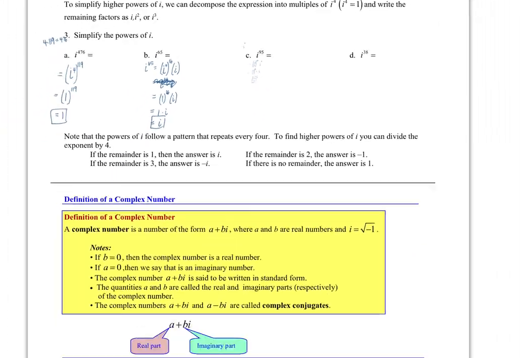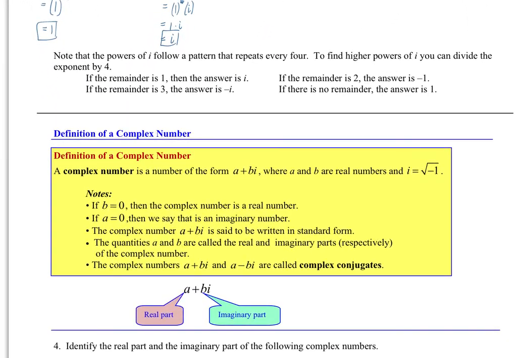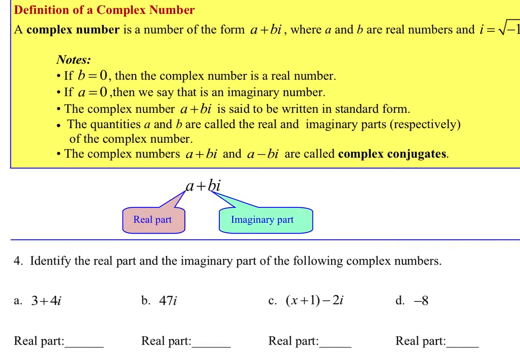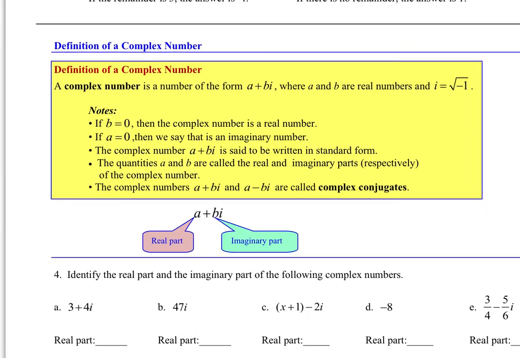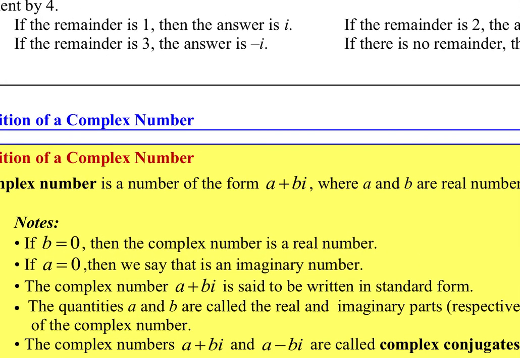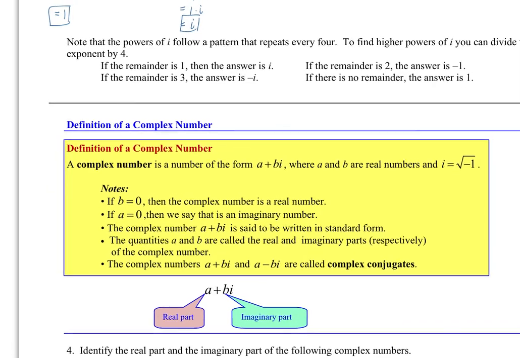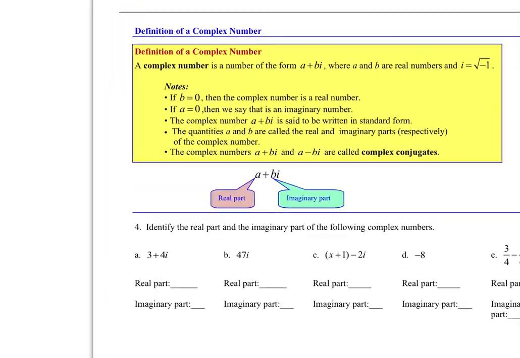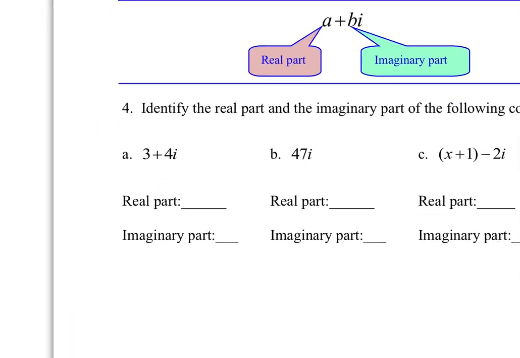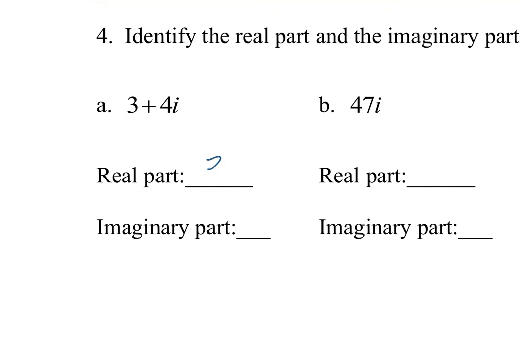Moving right along, let's talk about identifying the real part and imaginary part of a complex number. A complex number is in the form of a plus bi. So we have a real part and an imaginary part. Looks like a binomial, okay? So the real part in part A is 3.